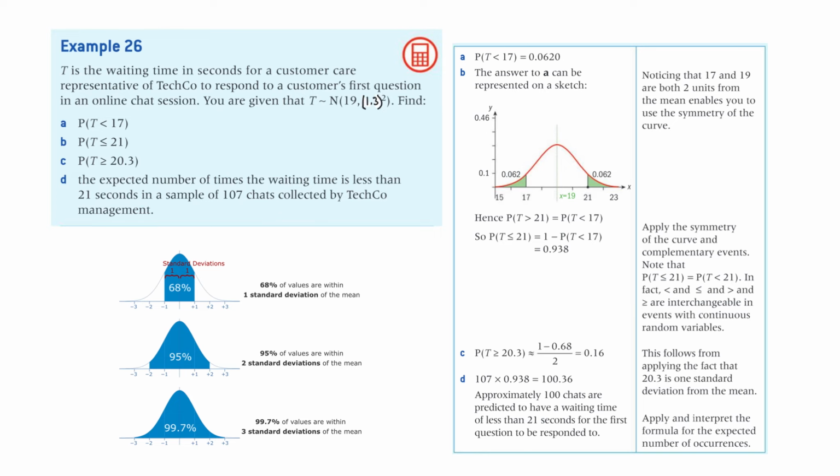Well, we saw from part B that the probability of it being less was 0.938. So it's a binomial distribution, and it's 107 trials times 0.938, because that's the probability of being less than 21, and they got 100.36. Approximately 100 chats are predicted to have a waiting time of less than 21 seconds for the first question to be responded to.